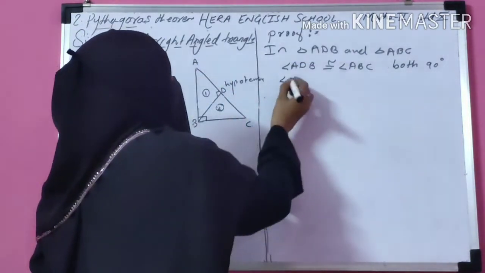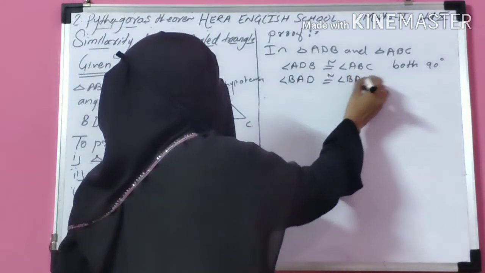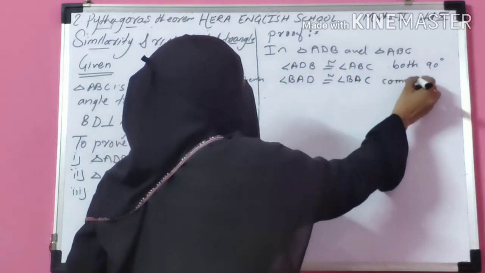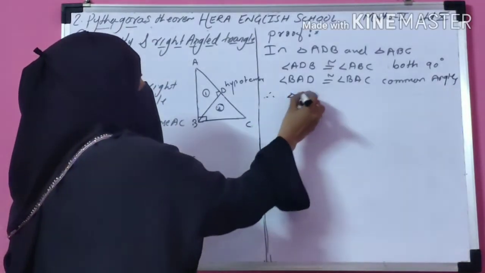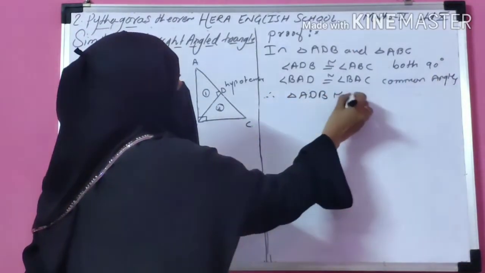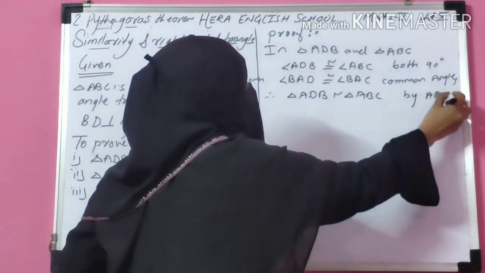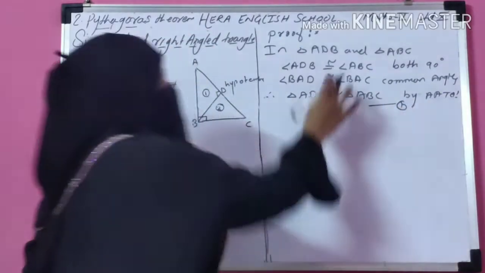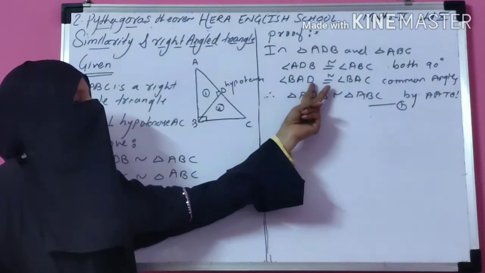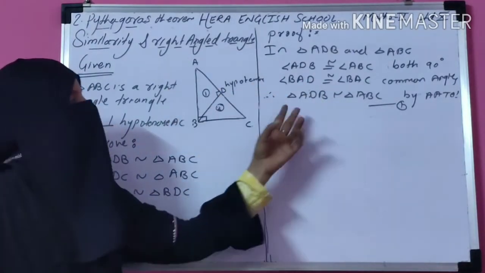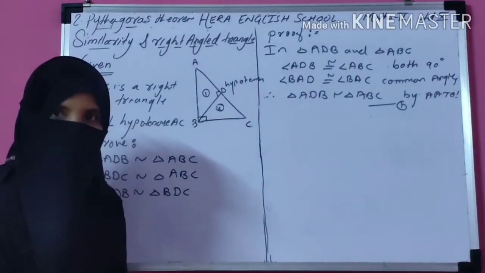So therefore you can write here angle BAD is congruent to angle BAC by common angle. Therefore triangle ADB is similar to triangle ABC by the AA test. Easy. One pair of angles is 90 degrees and angle A is common in both the triangles. So these two triangles are similar by the AA test of similarity.